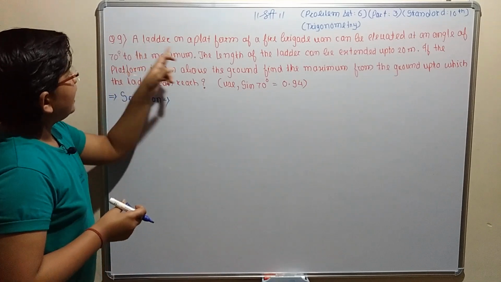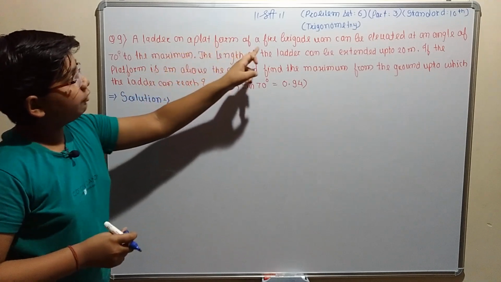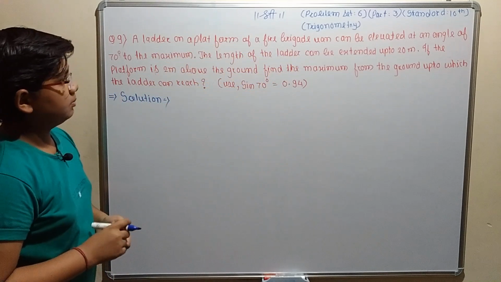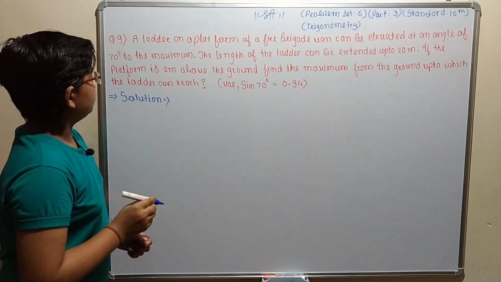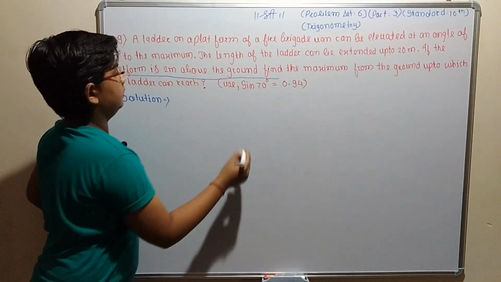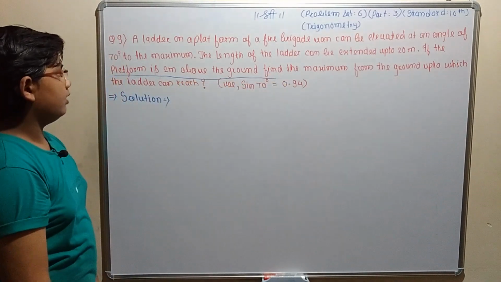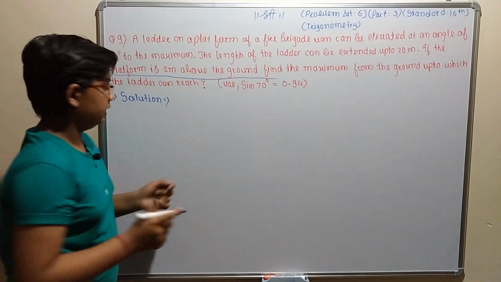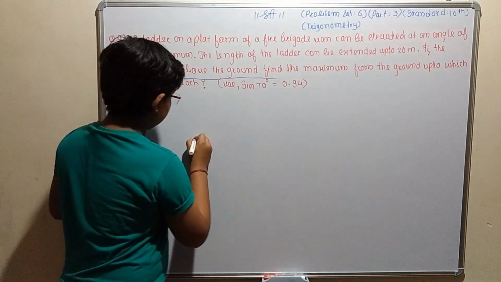Now a ladder on a platform of a fire brigade van can be extended up to an angle of 70 degree to the maximum. The first step is that the platform is 2 meter above the ground. That means the fire brigade van is 2 meter above the ground. That means it is like this.